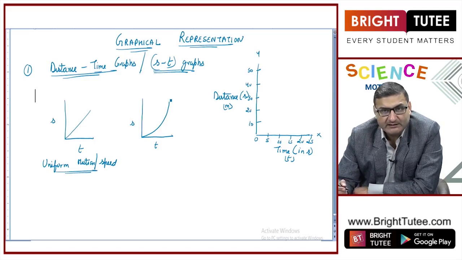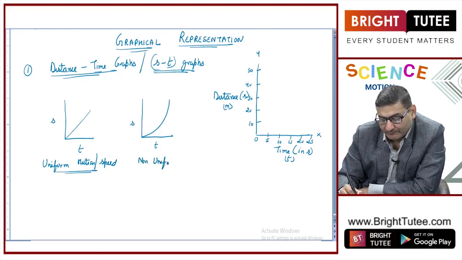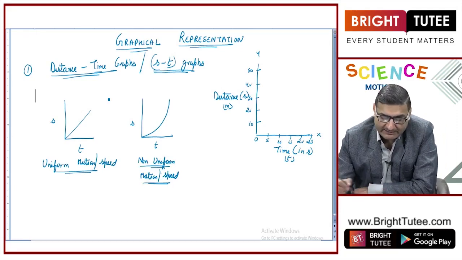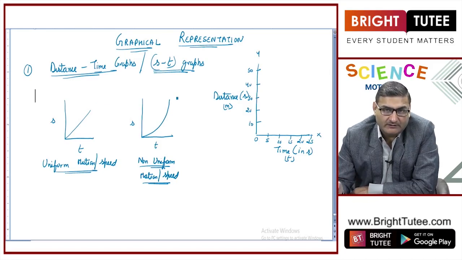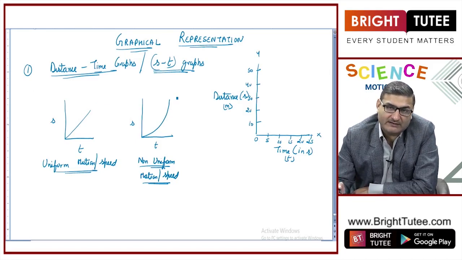So, whenever there is a curve, right, this represents that it is a non-uniform motion, right, or this is non-uniform speed of the object. So, there will be either a straight line or a curve, right? So, we need to know the significance of these two graphs.